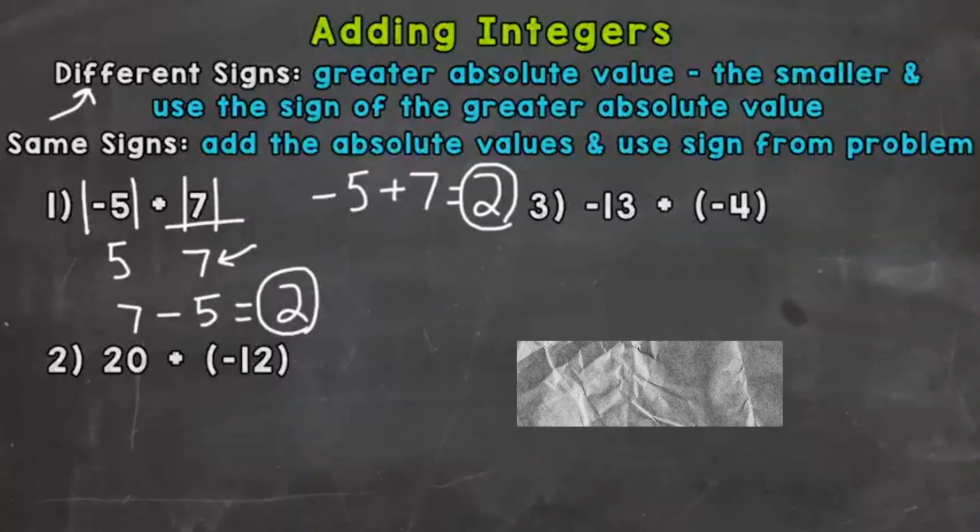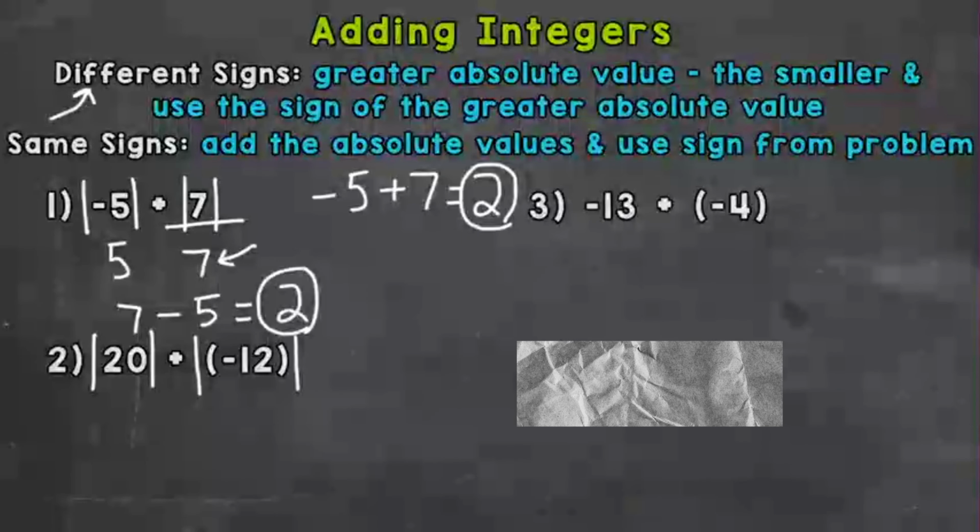So let's move to number 2. Positive 20 plus negative 12. So again, we have different signs. So let's find the absolute value of our integers here. The absolute value of positive 20 is 20. And the absolute value of negative 12 is 12.